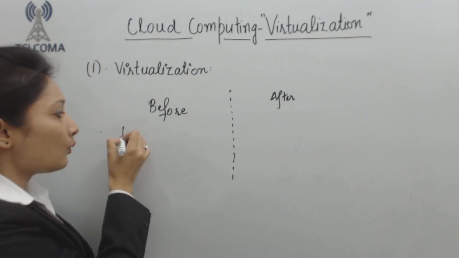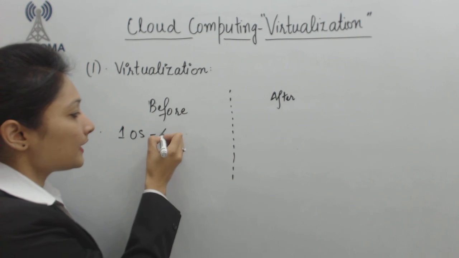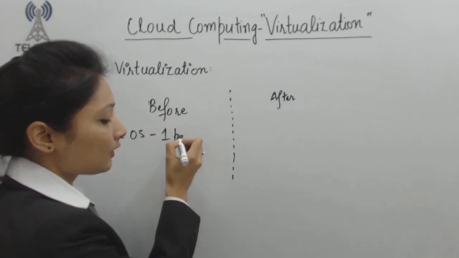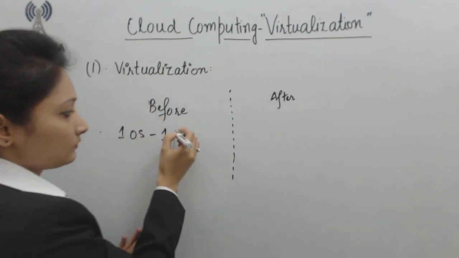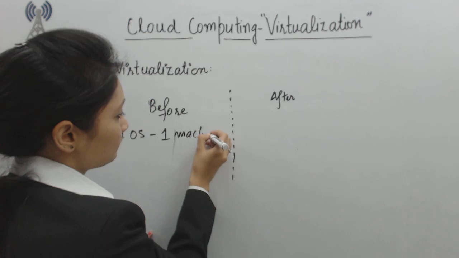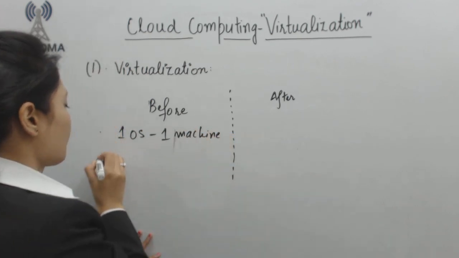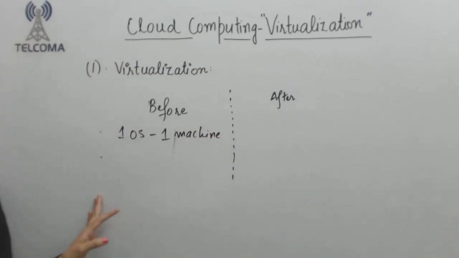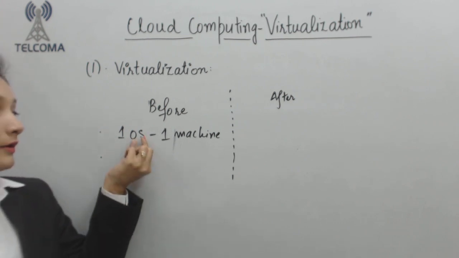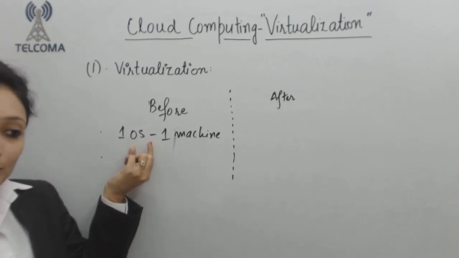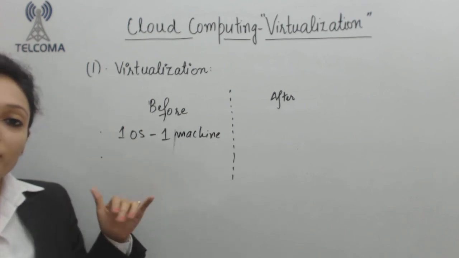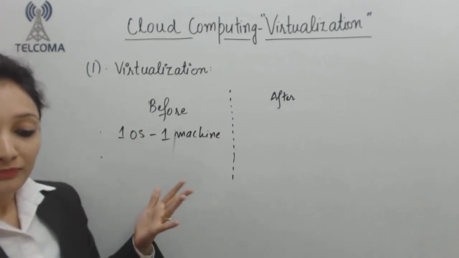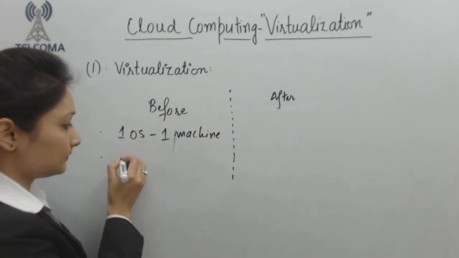You will have one operating system over that one machine. Software, or whatever applications you will be using, will be installed on this operating system. That means the software and hardware are tightly coupled with each other.